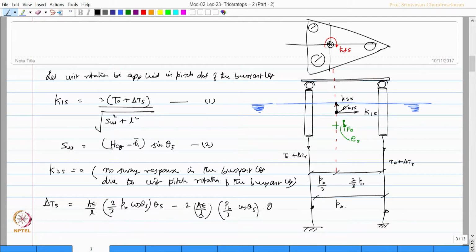Equation 3 will give me the change in tether tension caused by unit rotation in the pitch degree of freedom.